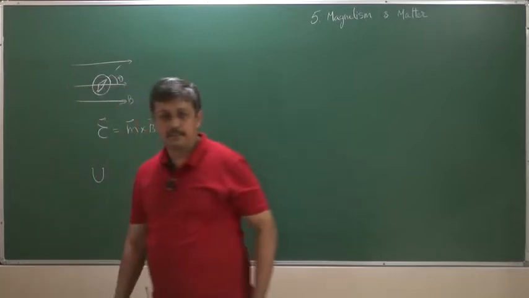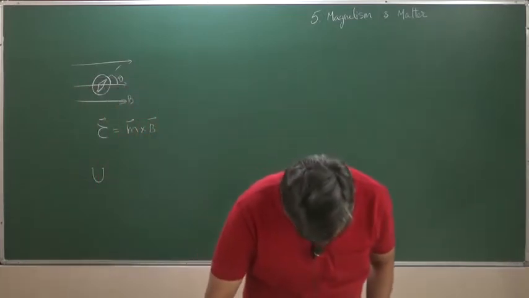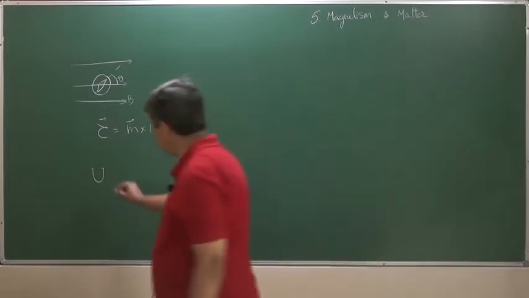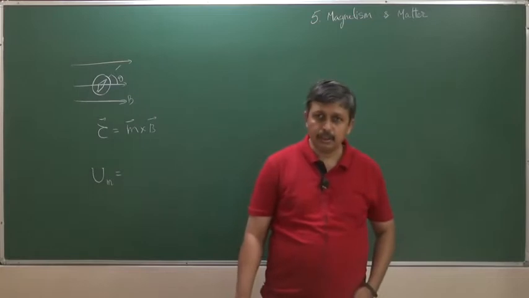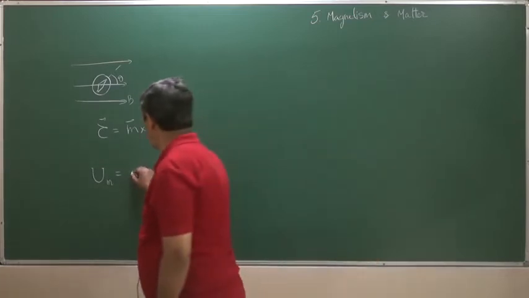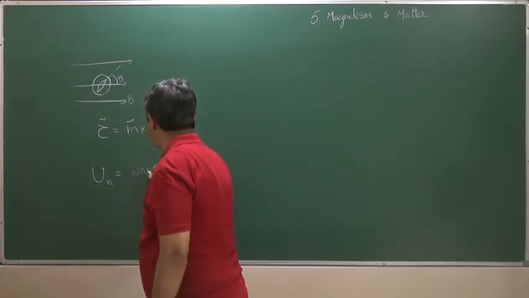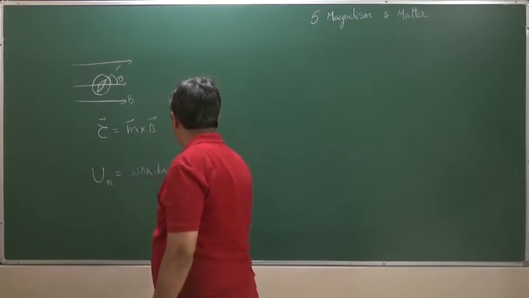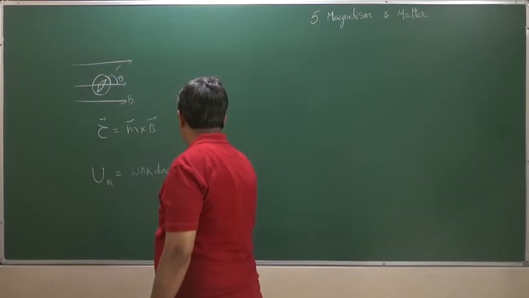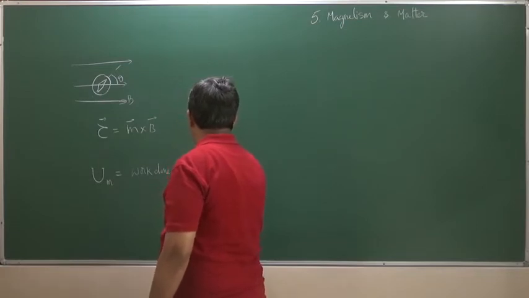We will give potential energy in terms of U, and we call it magnetic potential energy, U_m, equal to the work done in turning to angle theta.